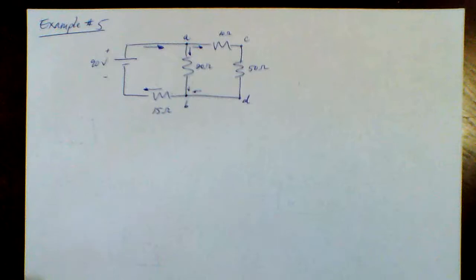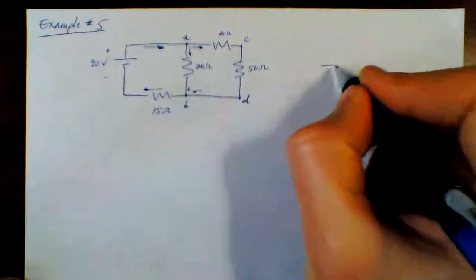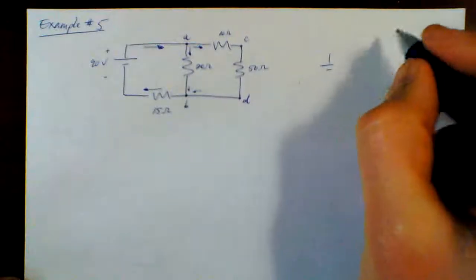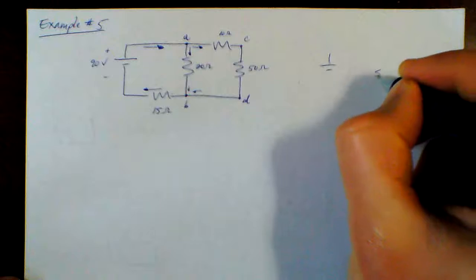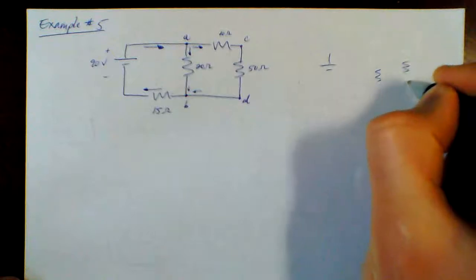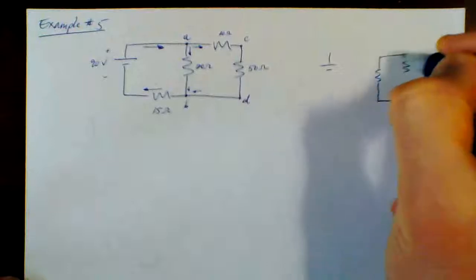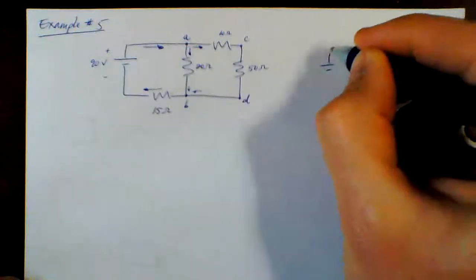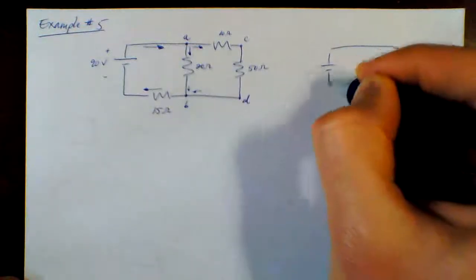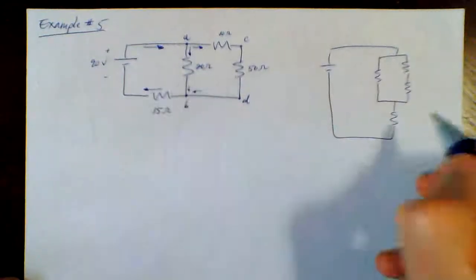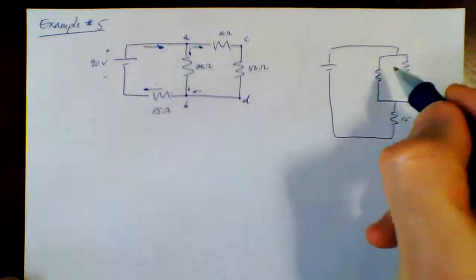All right. So I can redraw this, and I'm just going to do a rough sketch. I can redraw it like this. This is the same circuit as that, where that's the 15 ohm resistor.